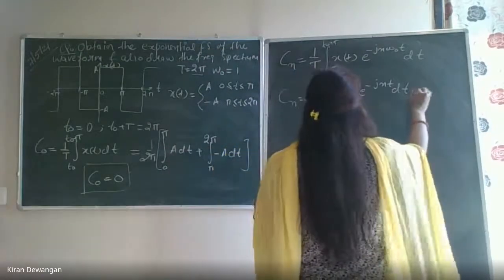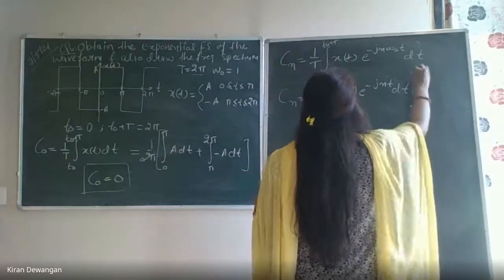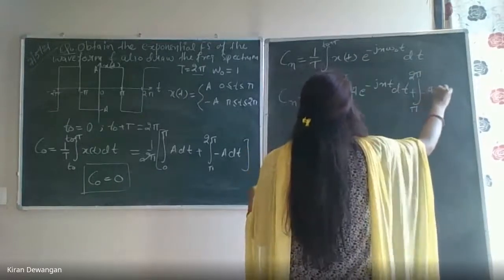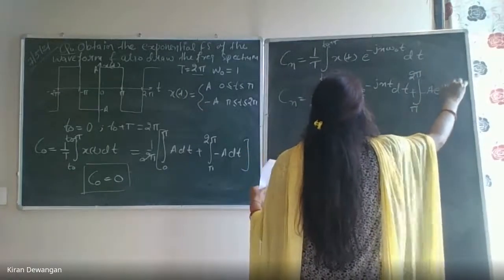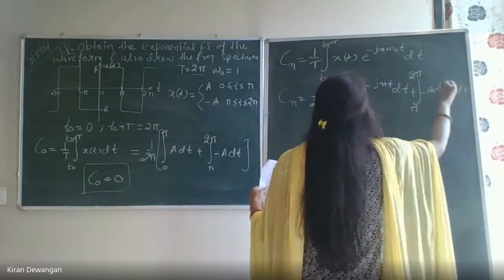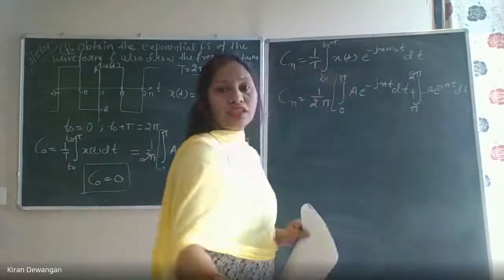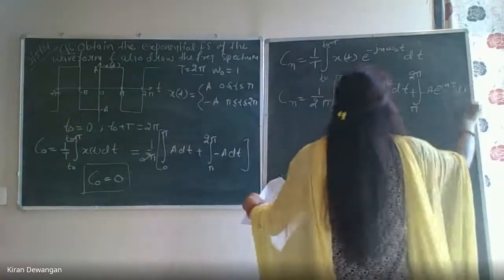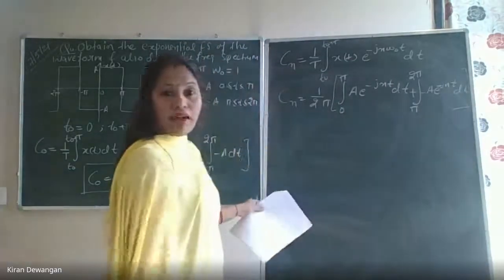Then the other part is pi to 2 pi, where x of t is minus a, e to the power minus j n t dt. Okay? So this is the second part. So we have to take two different parts as we are having two different values here.